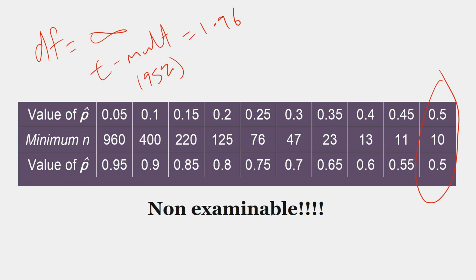You can go ahead and create your confidence interval and everything works fine. If, however, you're up this end and you've got a really small or a really, really big percentage or proportion, then you need a really big sample size for it to work.